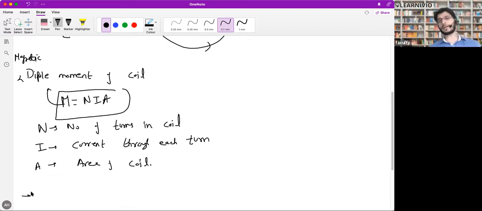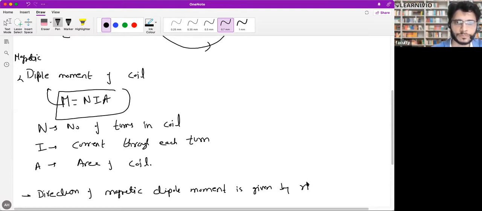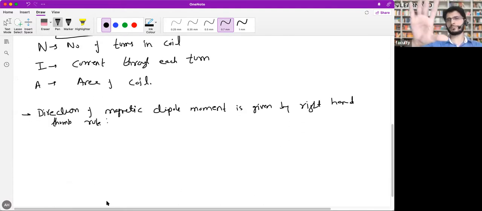The magnetic dipole moment is a vector. It has direction, and its direction is given by the right hand thumb rule. How will you apply it? Just take your right hand and curl your fingers along the current.